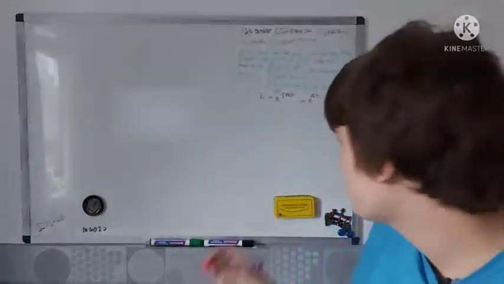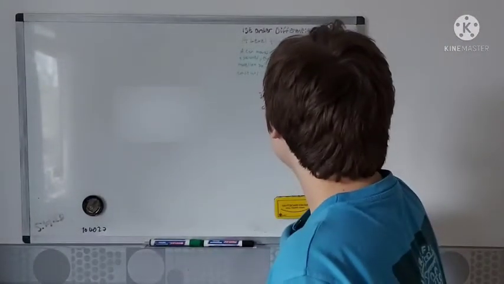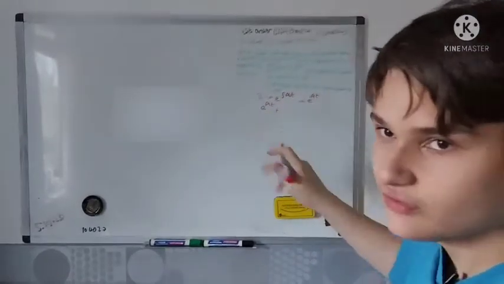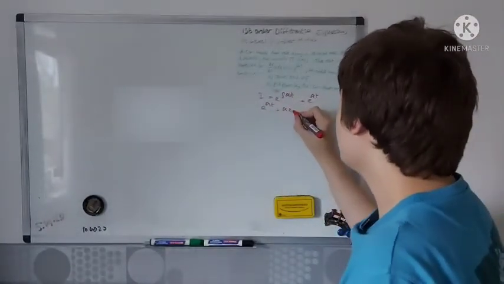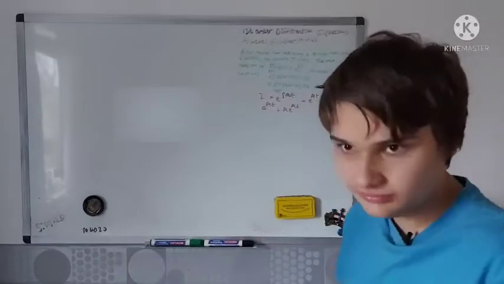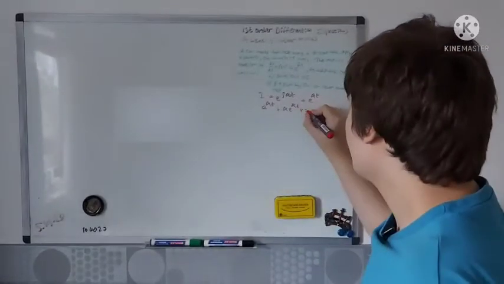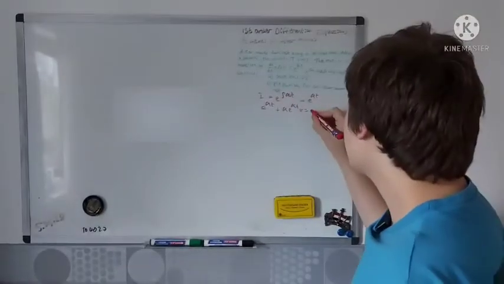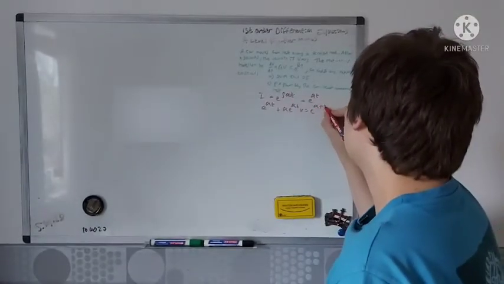That's our integrating factor. So we get e^(alpha t) dv/dt plus alpha e^(alpha t) times v. Now I need to multiply that to the right hand side, so it's e^(alpha plus beta)t using your index law.